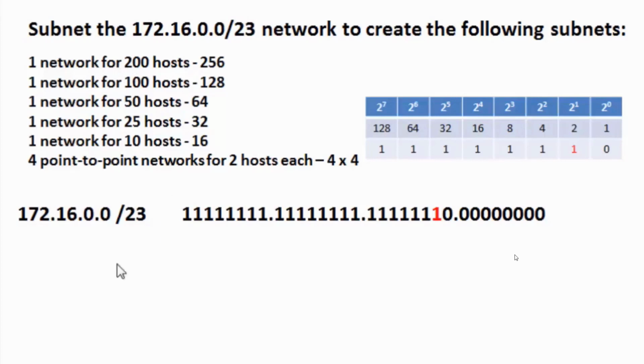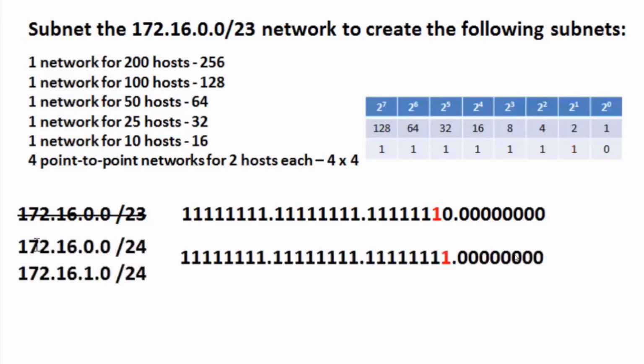What I can do is subdivide this single network of 512 hosts into 2 smaller subnets of 256 hosts each. So instead of having a 172.16.0.0 network /23, I change the subnet mask to /24.